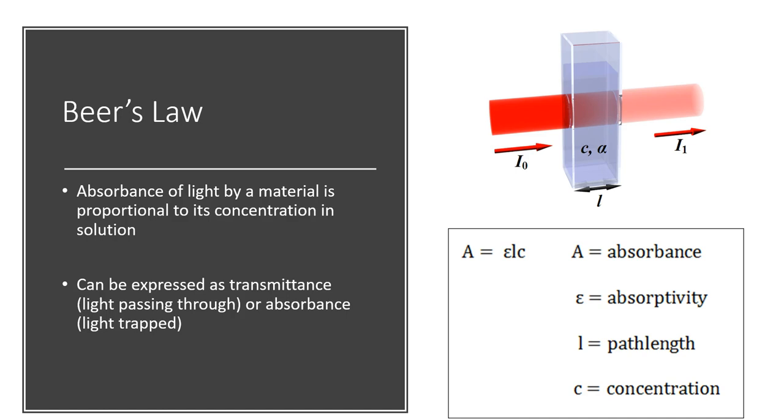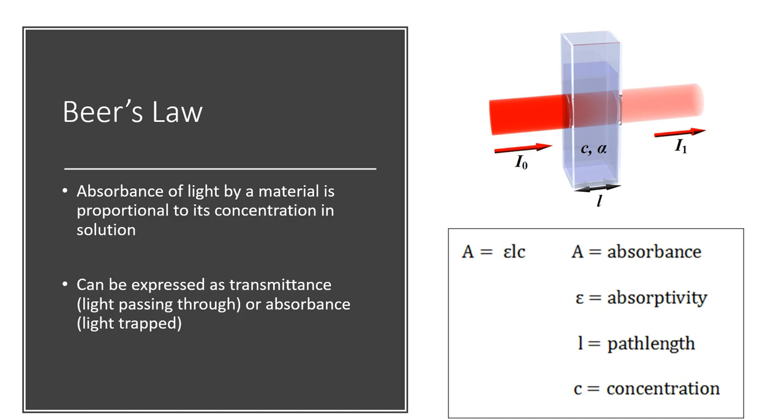When we look at those numbers in a serial dilution, we find that they obey Beer's law as long as they are in the linear range of the curve. Beer's law says that the absorbance of light by any material is proportional to the concentration of that material in the solution. We can look at it through transmittance of light or through absorbance.